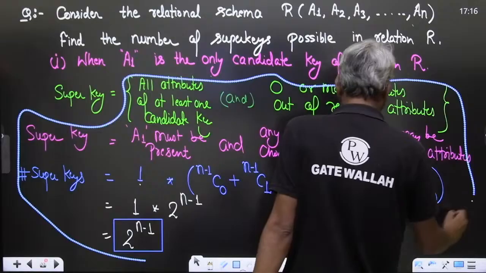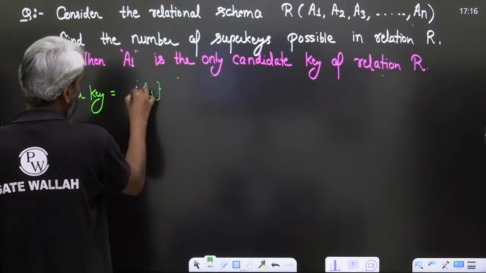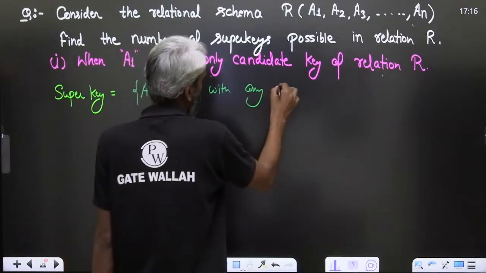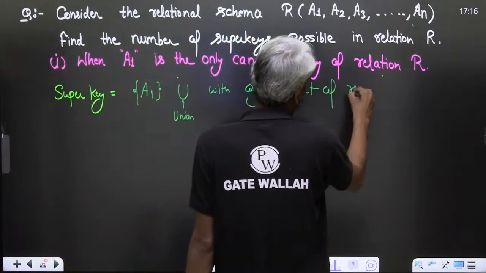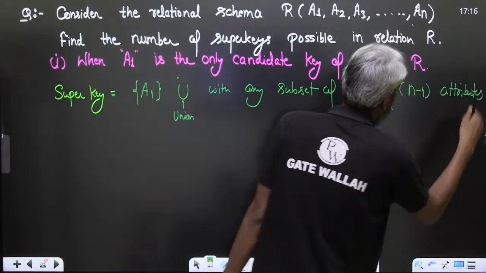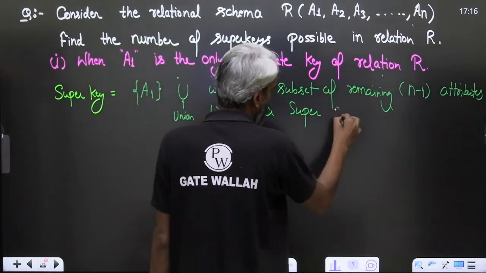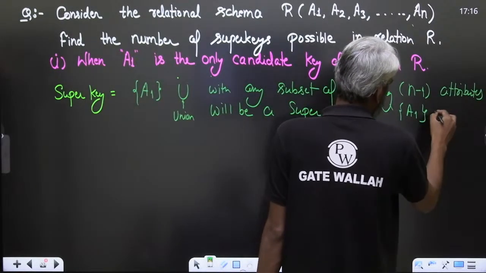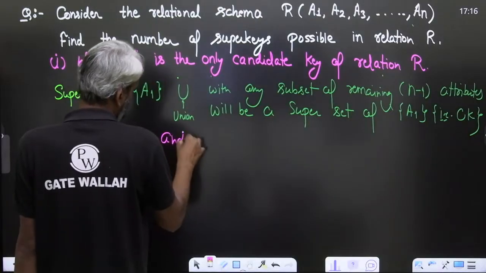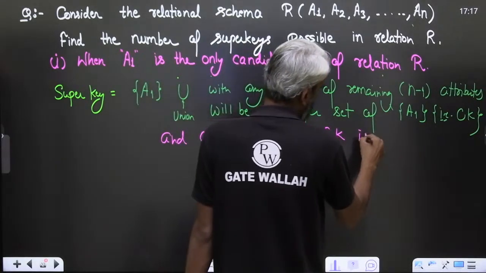So super key will be the set containing A1 union with any subset of remaining n minus 1 attributes. A1 union with any subset of remaining n minus 1 attributes will be a super key or superset of A1, that is candidate key, and any superset of candidate key is a super key.